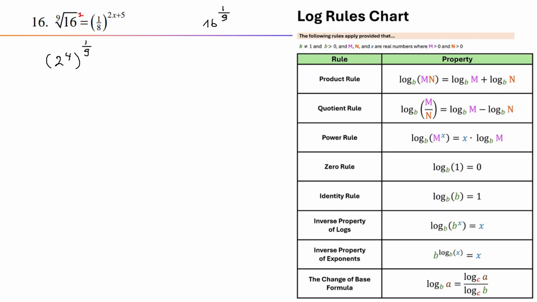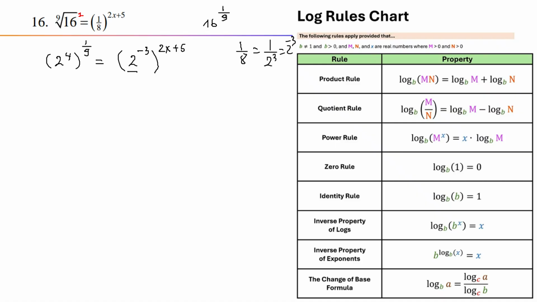When it shows the number without seeing the power, that means the power is 1. Okay, so I have that 1 over 9, then equals 1 over 8, which is 1 over 2 to the power of 3. Now we flip it: 2 to the power of negative 3. Okay, 1 over 8 is 1 over 2 cubed. That is 2 to the power of negative 3. Now copy the exponent again.